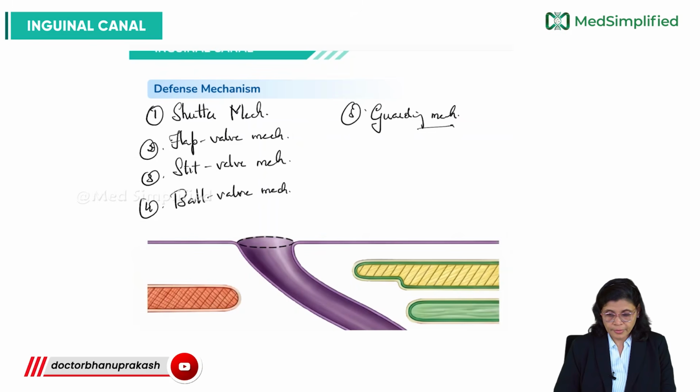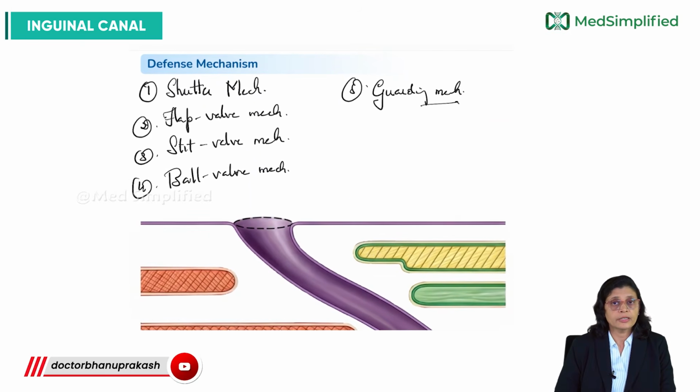So these are the main five mechanisms which prevent the herniation of the abdominal viscera whenever there is raised abdominal pressure.